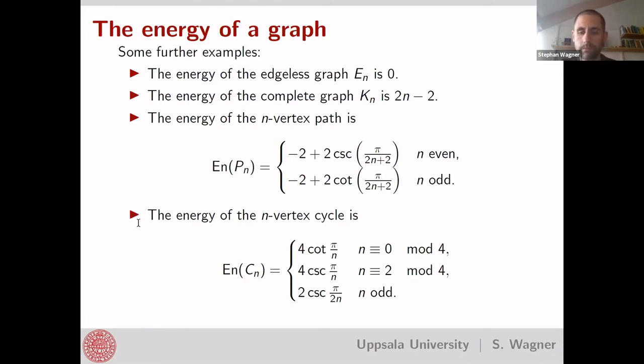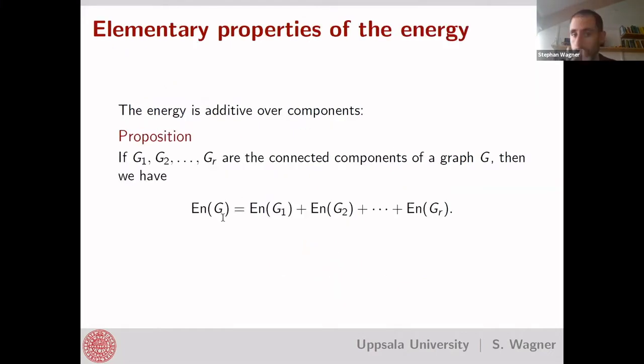So that's all good and well, but surely there should be more to it than just working out the value for some special graphs. So let's look at some properties. How interesting a graph parameter is depends in many ways also on its properties. If it has nice and desirable properties, then it's perhaps worth studying.